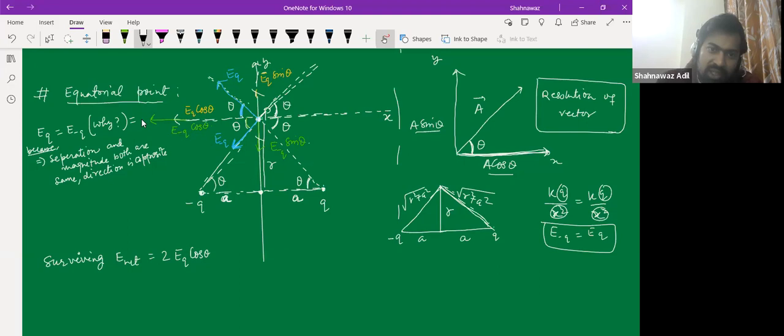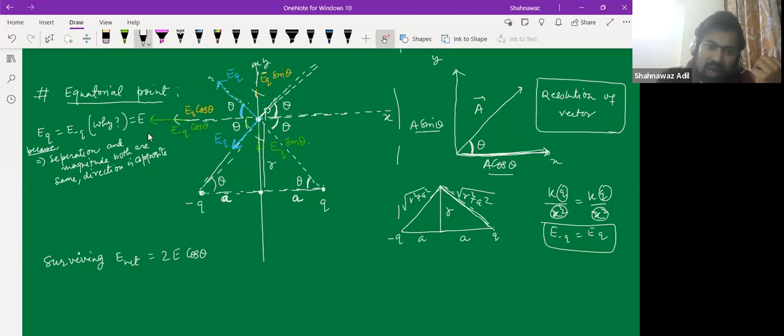So I can write it as E as well. So I can write it as 2E cos theta. Right, guys? This is E cos theta. This is E cos theta. So 2E cos theta. Clear? Yes, sir.